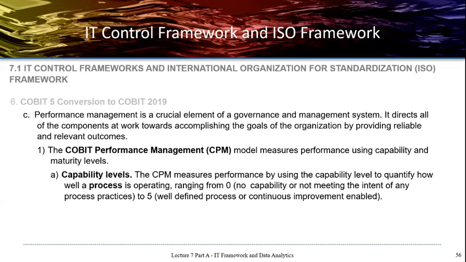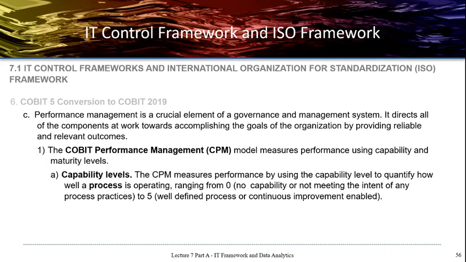In the conversion to COBIT 2019, performance management is a crucial element of the governance and management system. It directs all of the components that work towards accomplishing the goals of the organization by providing reliable and relevant outcomes. The COBIT performance management, CPM, model measures performance using capability and maturity levels.